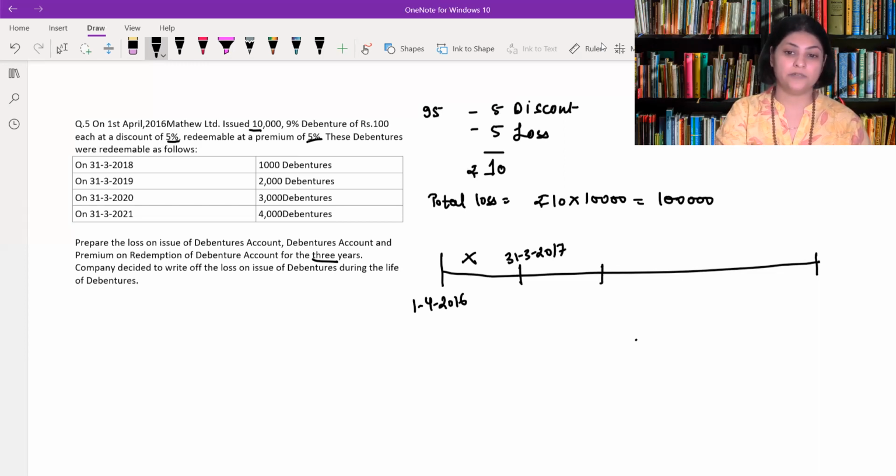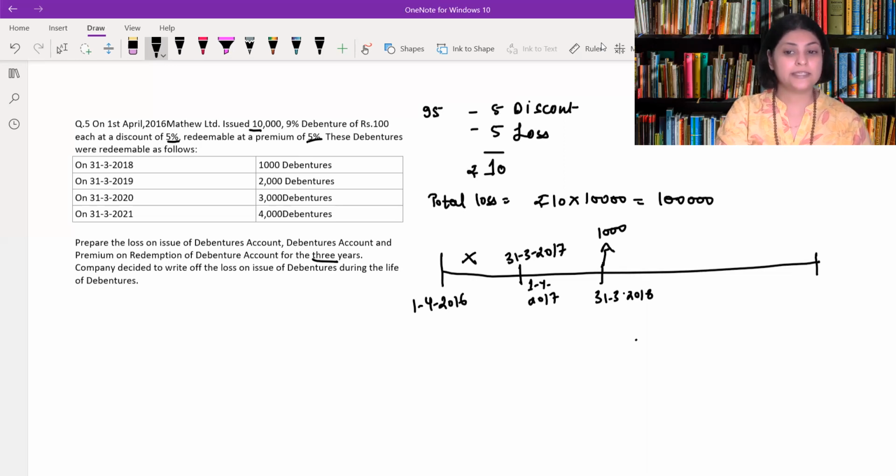Now in the next year, which is starting from 1st April 2017, this year will end on 31st of March 2018. Here on this particular date, some debentures are redeemed. How many debentures are redeemed? Over here, the 1,000 debentures are redeemed. So students understand that now 9,000 debentures are left for redemption.